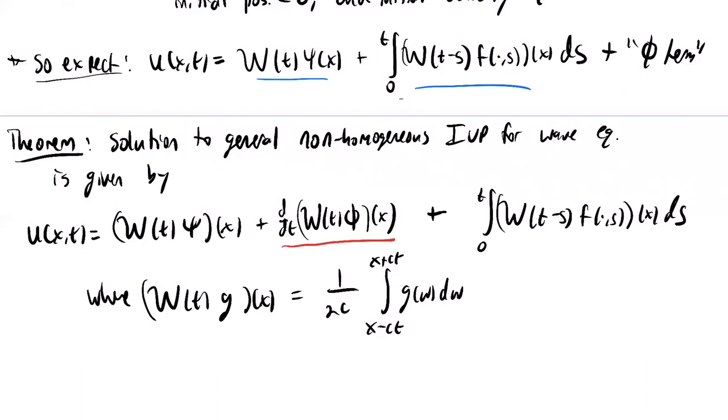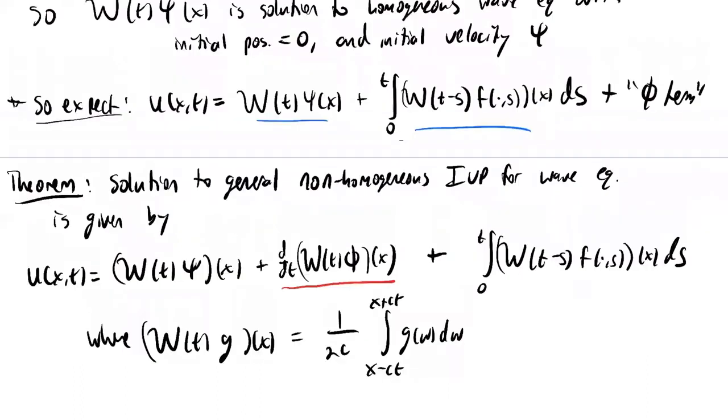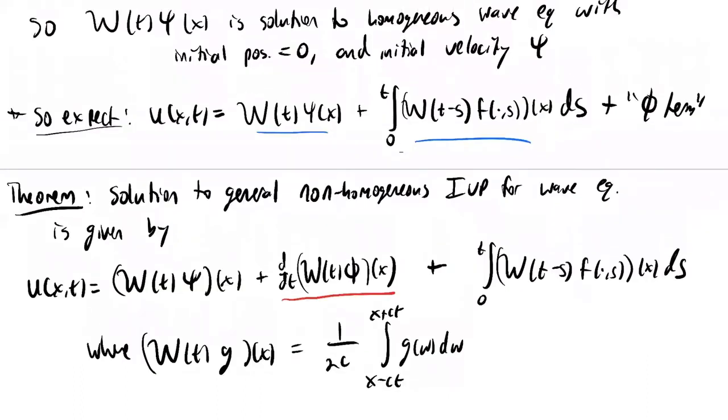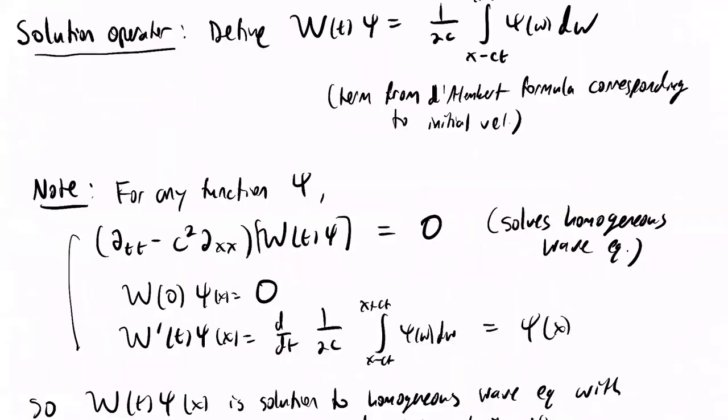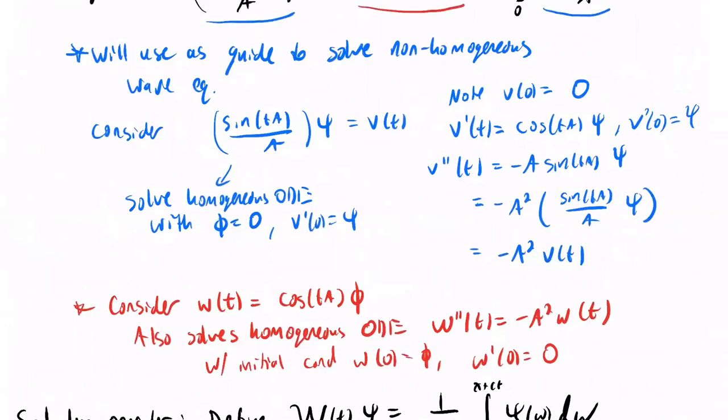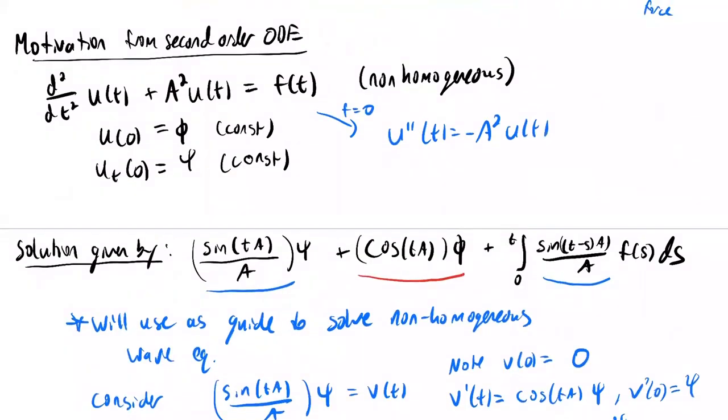Right. So what is this term here? Why do we have the derivative of w? Well, let's go back to the original motivational problem, which was this ordinary differential equation.